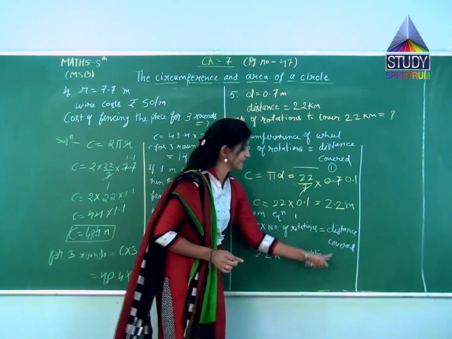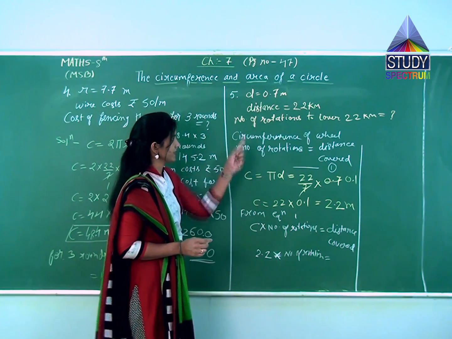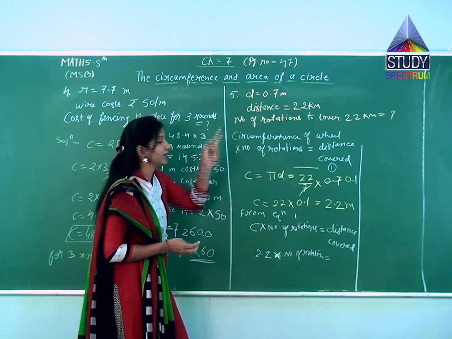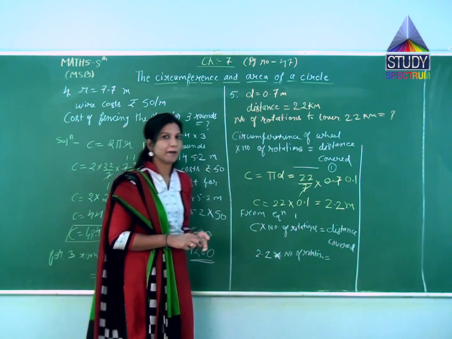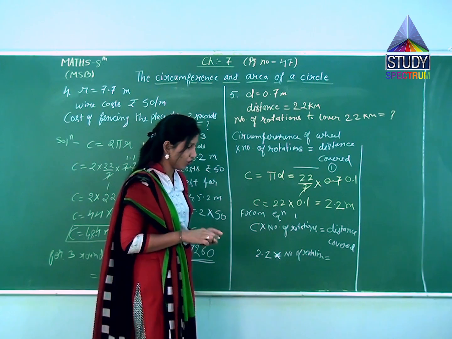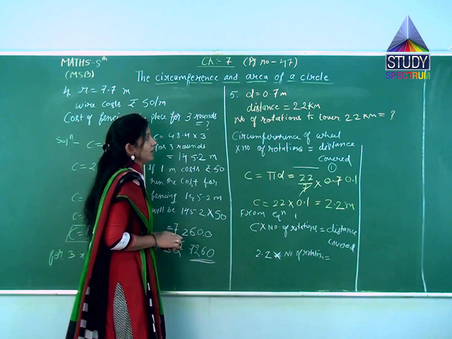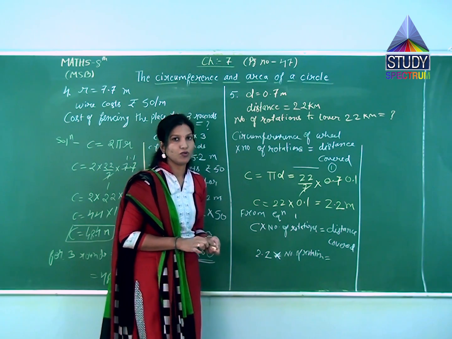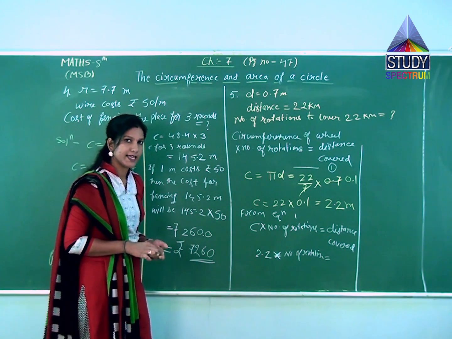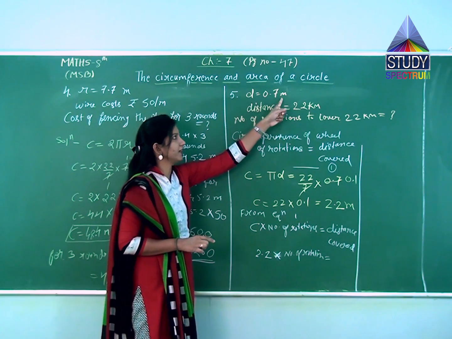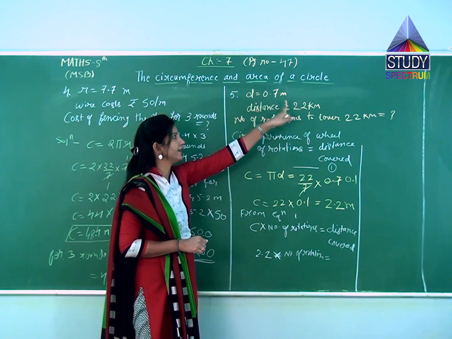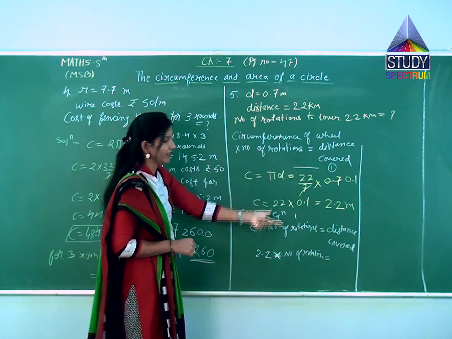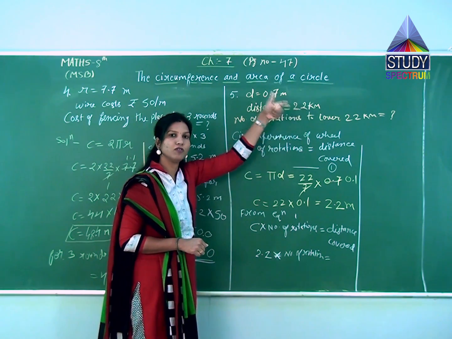And the distance covered. The distance is 22 km, but it is in kilometers, and our diameter was given in meters. In example number 5, I told you that if there are two dimensions in different units, you must convert them to the same unit. Here it will be convenient to change kilometers into meters.